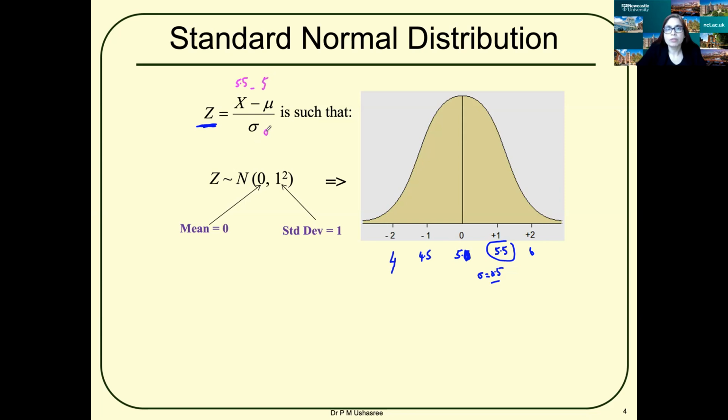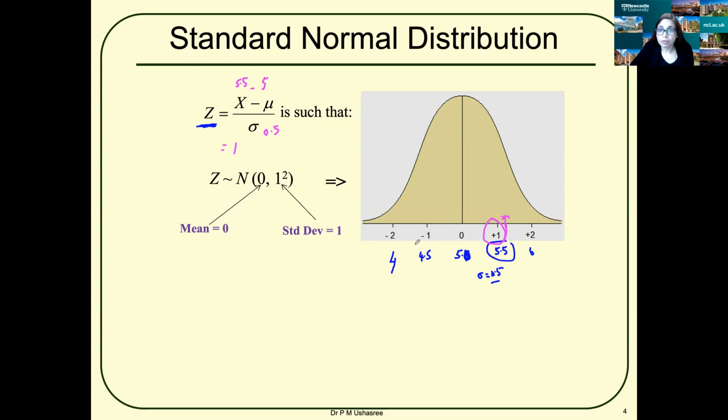Sigma is 0.5. If I calculate the z value, it's going to give me 1. So look at that. The corresponding value for 5.5 is 1.